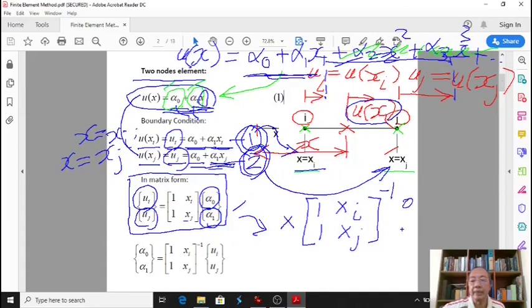So we multiply both left and right hand side by this term, the matrix 1 xi, 1 xj, and we take the inverse. So the left hand side, if we multiply by this, we get this.